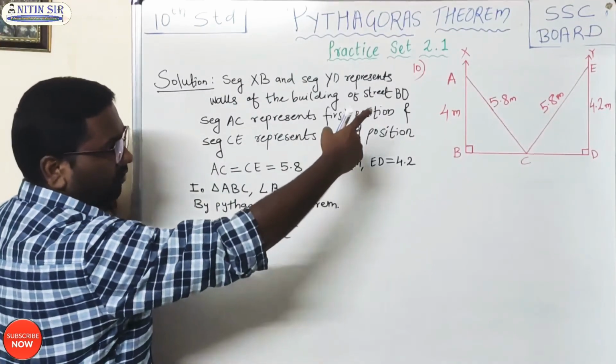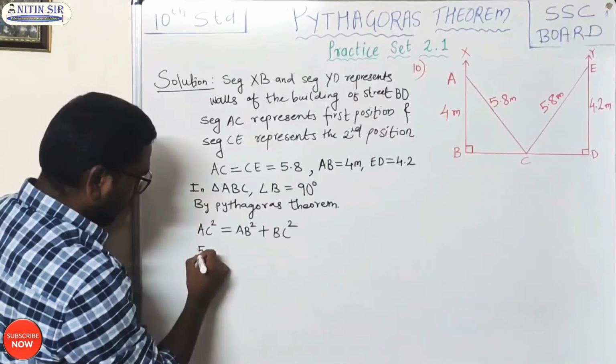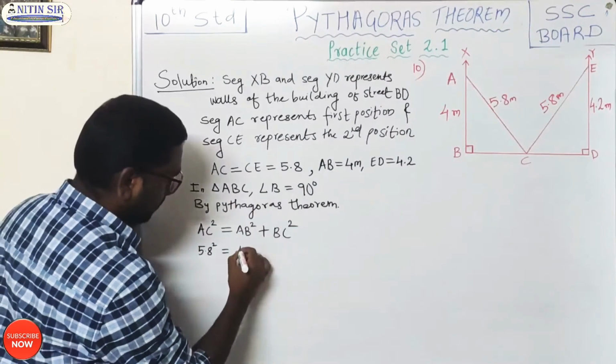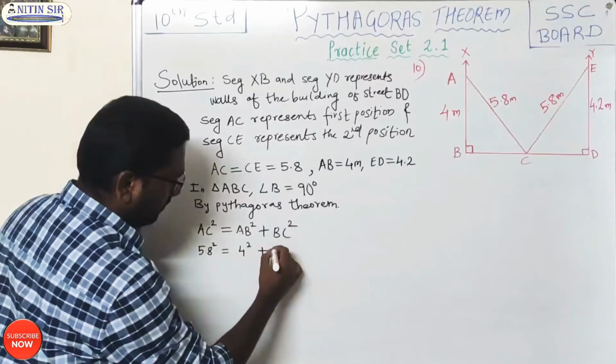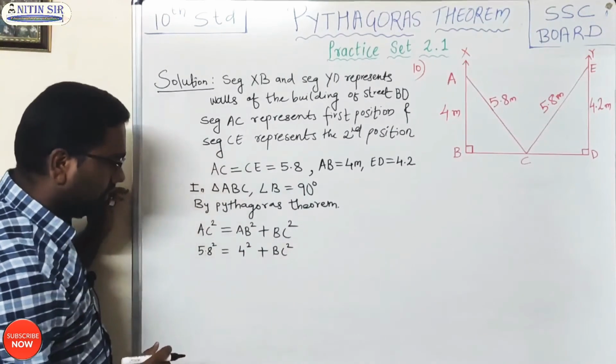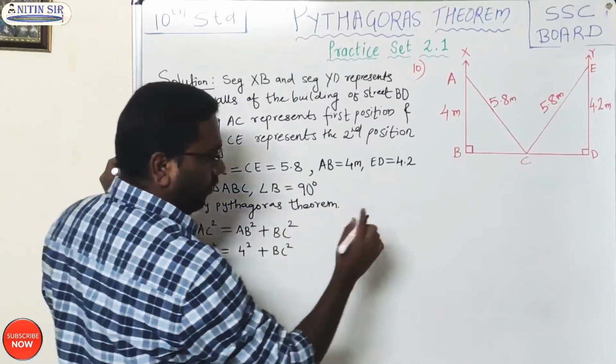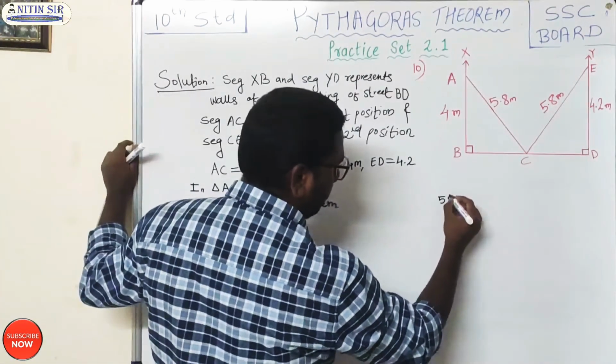What is the value of AC square? We'll write 5.8 square is equal to, what is the value of AB? 4 square plus BC square. Now the question is how to find the square of 5.8. Forget the point. First we'll calculate 58.